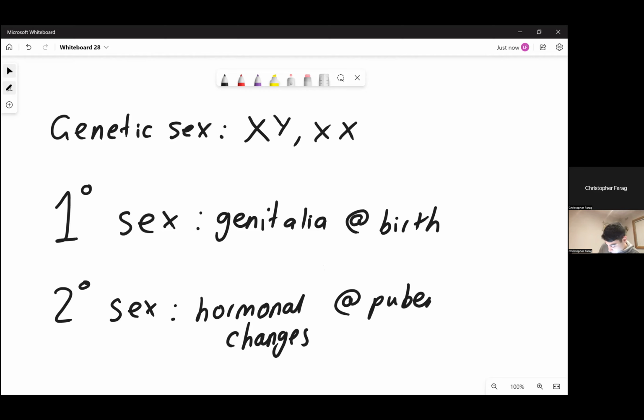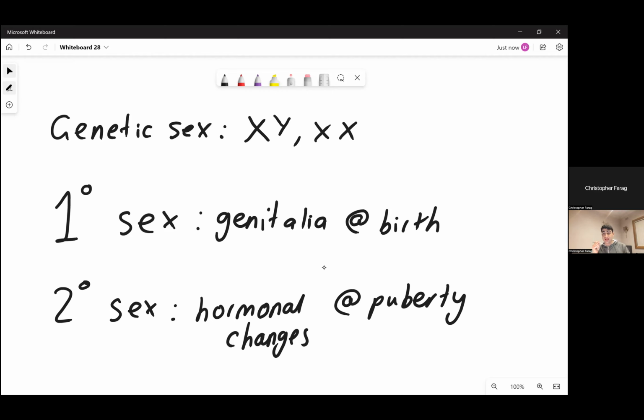Now it may seem at first that these three are all interconnected. You would think, if someone has XY chromosomes, they're male, so at birth they should have testes, and at puberty they should have their voice drop and their muscle bulk increase. But interestingly enough, what we're going to go through today is how each of them are distinct processes.